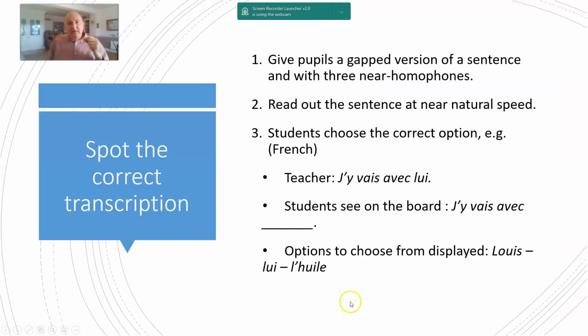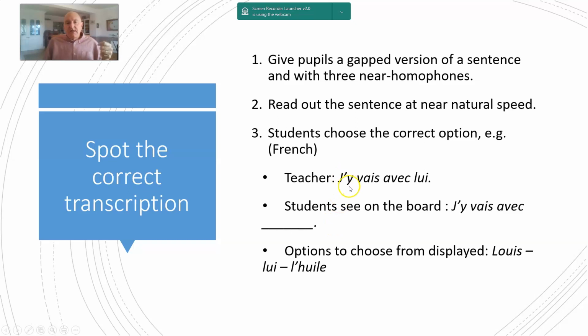And here's another one from our book, Breaking the Sound Barrier. This one, spot the correct transcription. So in this case, it's a French example. You give pupils a gapped version of a sentence, and then you give them 3 near homophones. Then read out the sentence at a reasonably natural speed, and students choose the correct option.